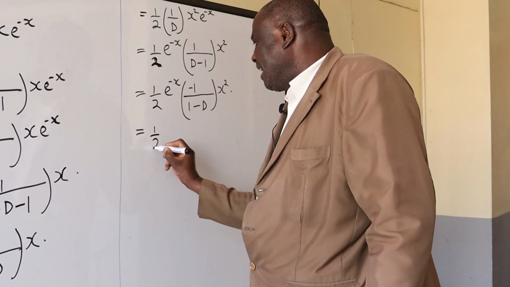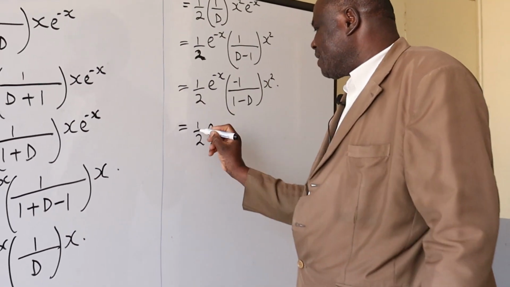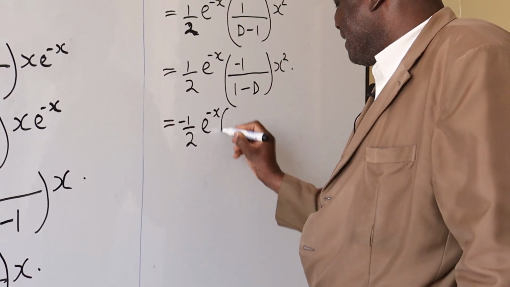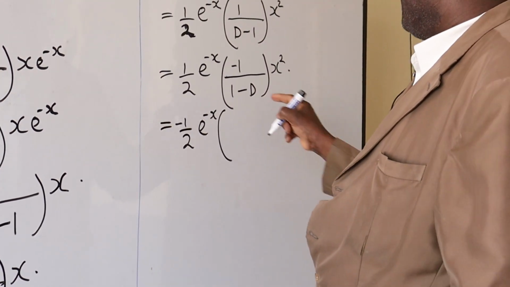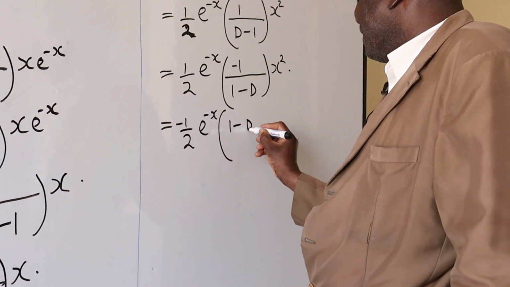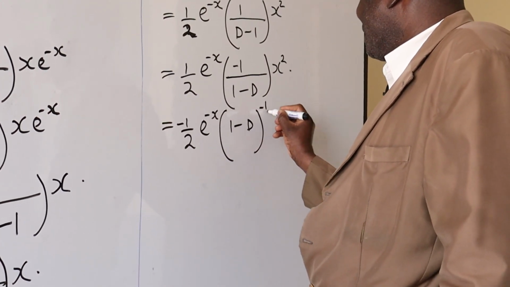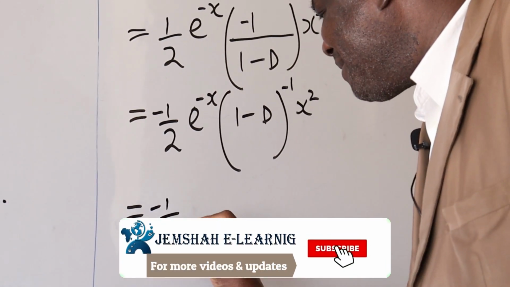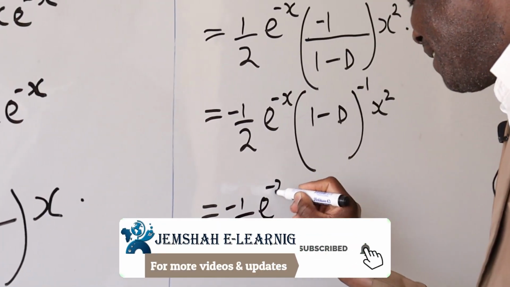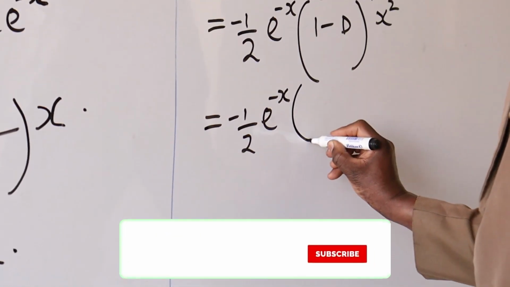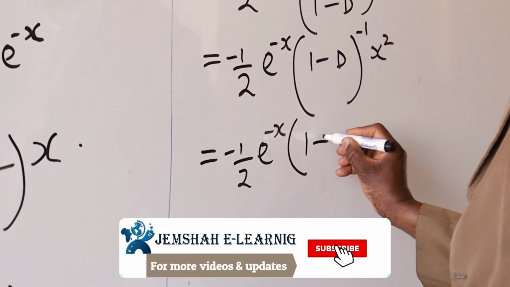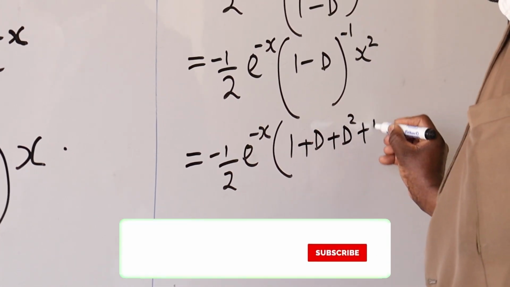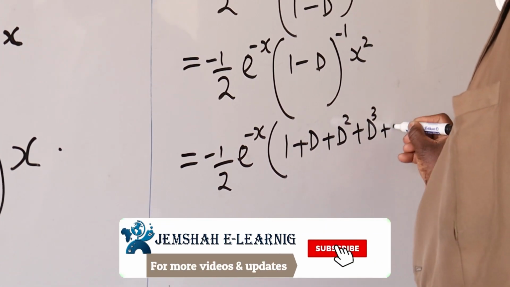Which equals a half. Negative comes out, negative a half exponential negative x into now 1 minus D, which has been raised to power minus 1, multiplying x squared. When we expand, we get 1 plus D plus D squared plus D cubed plus others.